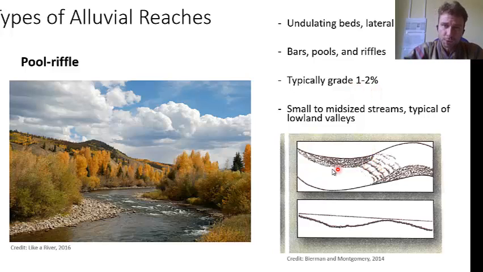So our bars, which form on the interior of bends, pools forming on those exteriors, and when you get those transitions, that's where you get these riffle sections in between, going along those river bends. So oftentimes our pool riffle systems are very typical of lowland valleys. So when you think of the large rivers flowing through the more open valleys within Bhutan, you can often find some of these pool riffle reaches.